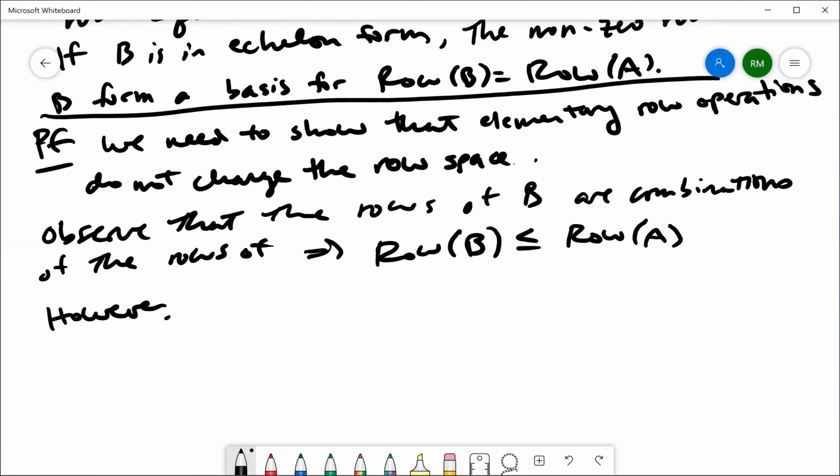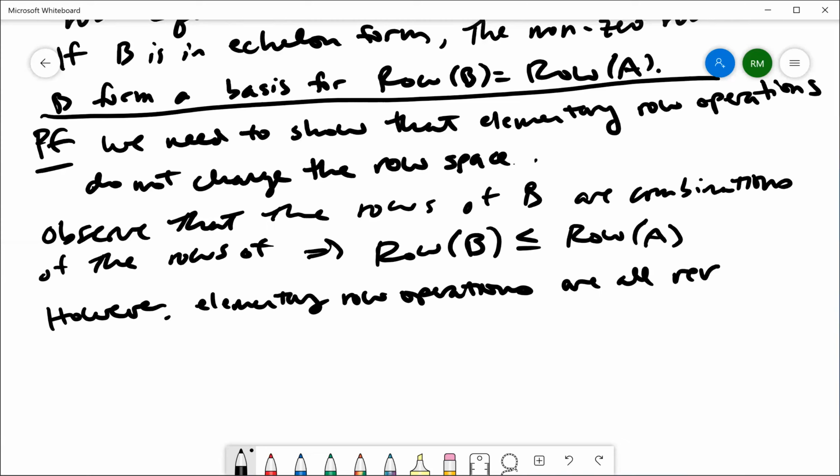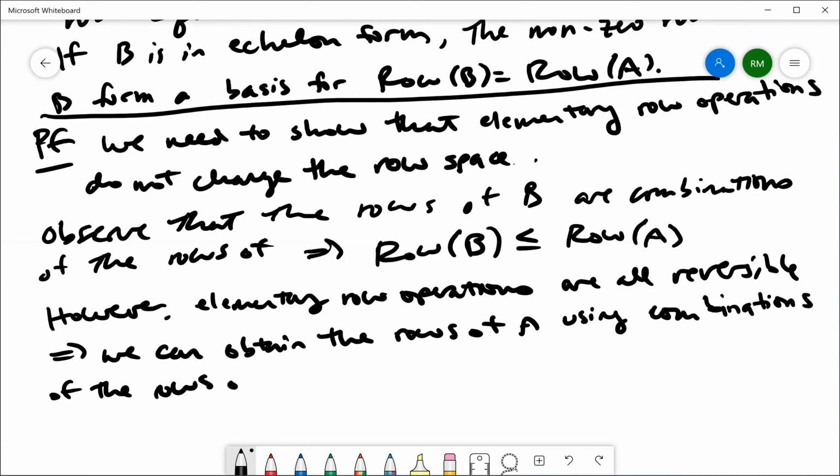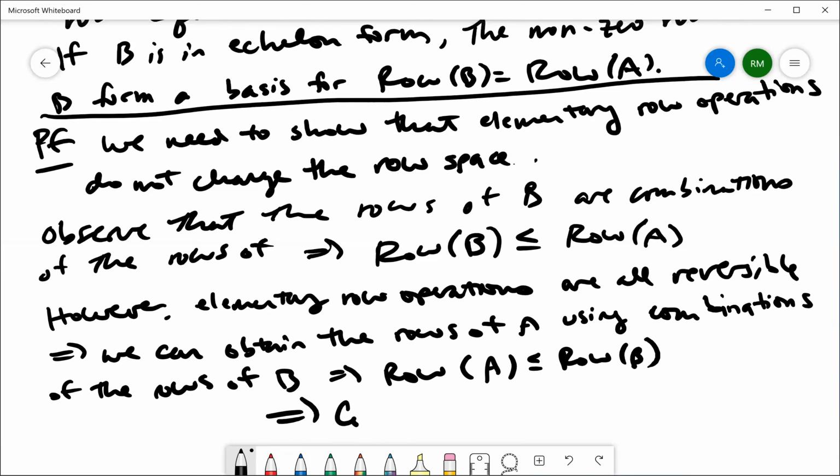elementary row operations are all reversible, which tells us that we can obtain the rows of A using combinations of the rows of B. And that tells us that the row space of A is smaller than or equal to the row space of B, and therefore we conclude that they're actually equal.